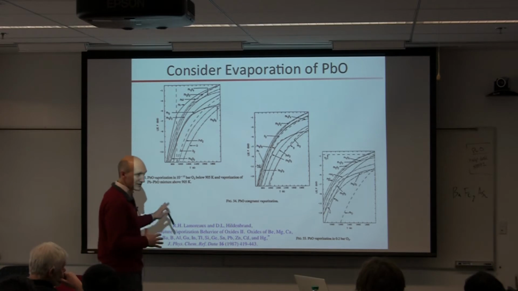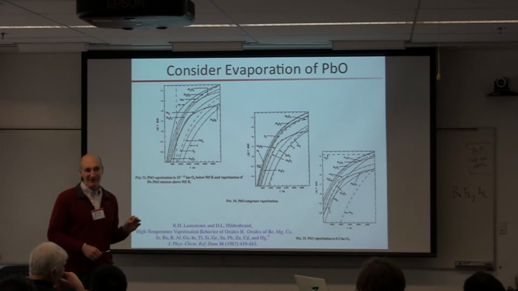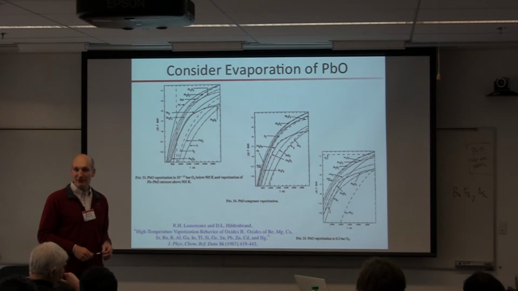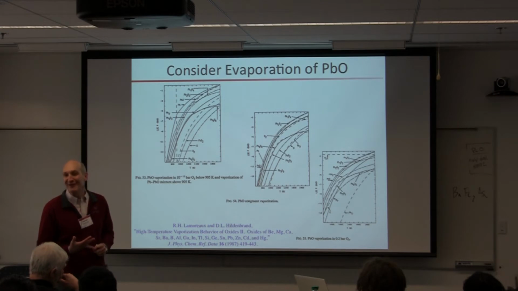Now there are some exceptions to this. Relatively few oxides evaporate congruently. A classic example would be silicon monoxide. You put silicon monoxide in a crucible and you can heat it up and silicon monoxide comes off. Other examples along the same line are germanium monoxide, tin monoxide. So there are very few, but there are a few.